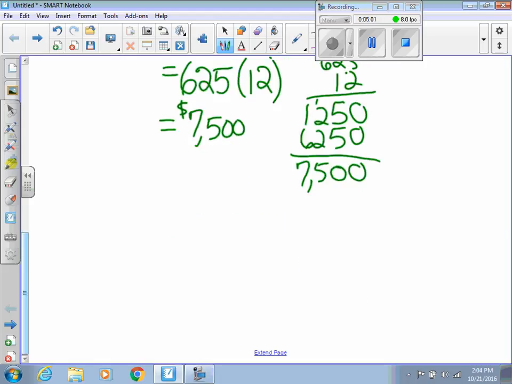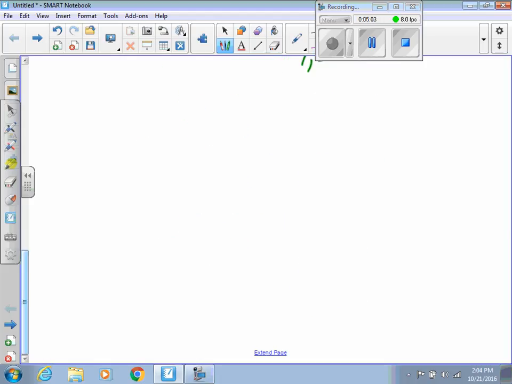And finally, in number 3, we have a store receives an average of 7 new movies per week. First, they want you to write an equation. So number 3A, they ask you to write an equation. And they say 7 new movies per week. That means the rate of change is 7 movies per week, right?